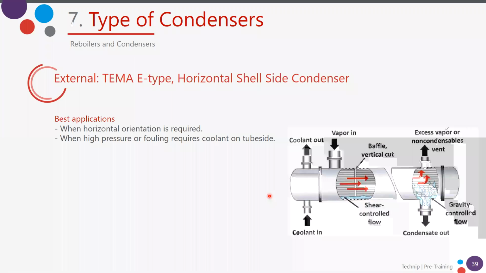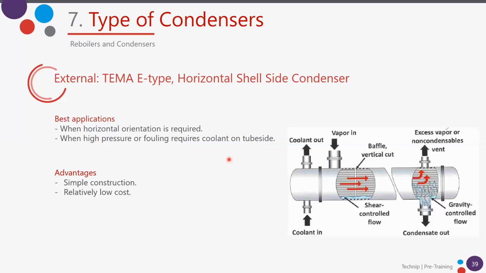In this case, if we have cooling water, we prefer to place it, as we already talked about, on the tube side instead of the shell side, because cooling water is a very fouling fluid. So we prefer to have it inside the tubes. The advantages are simple construction and relatively low cost.